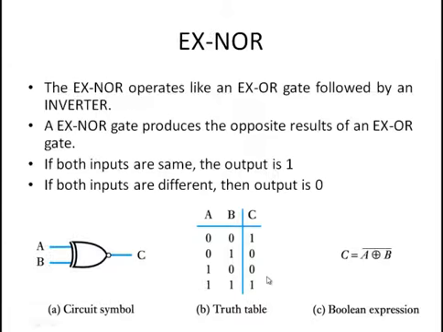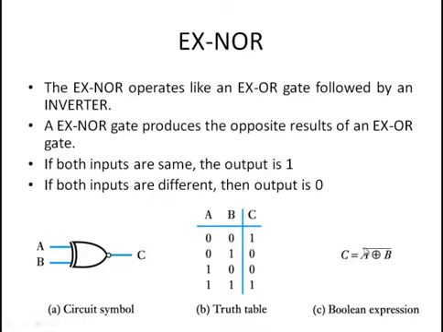Next is the XNOR gate. The XNOR gate is similar to the XOR gate, like here, but a circle is attached here, so it is not of XOR. So we can say that XNOR operates like an XOR gate followed by an inverter. See, this was the Boolean expression of XOR.